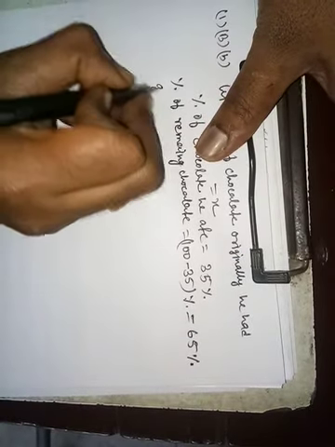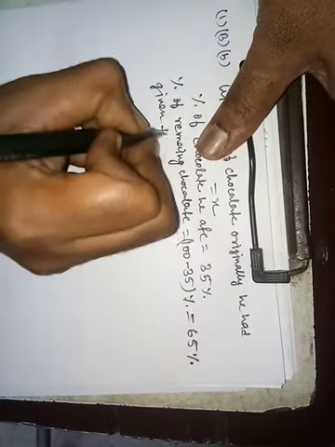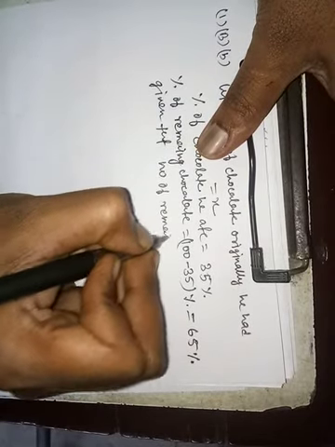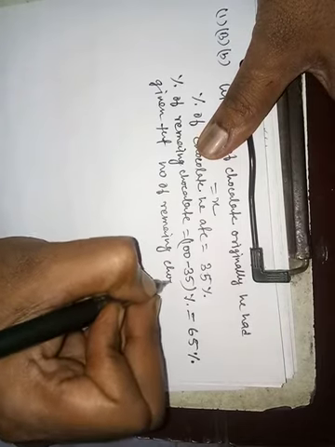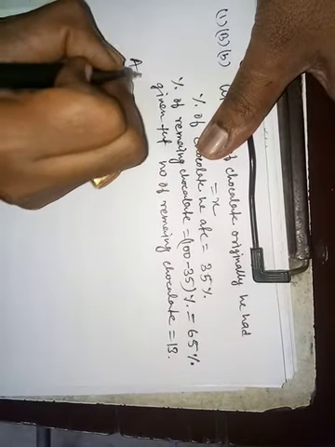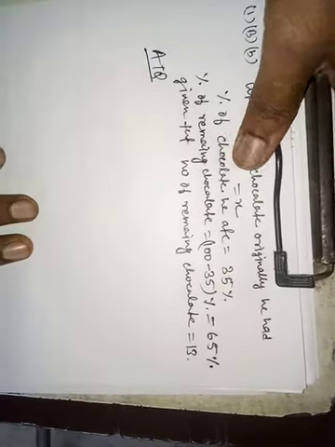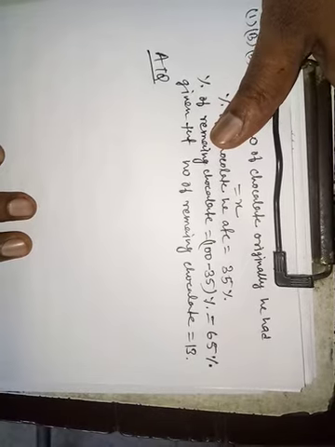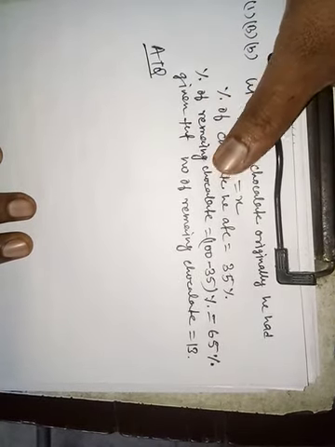Given that the number of remaining chocolates is equal to 13. According to the question, he has 65% of chocolate and he has 13 chocolates.